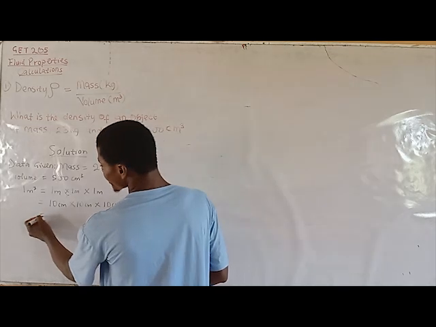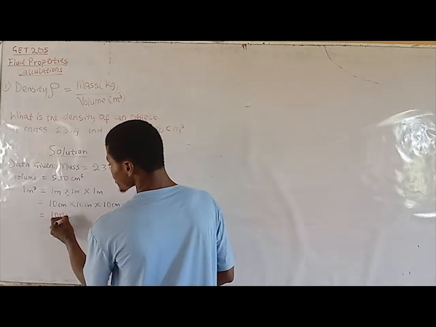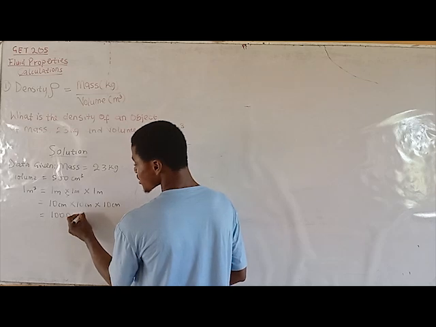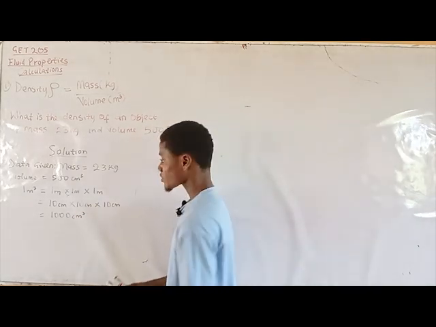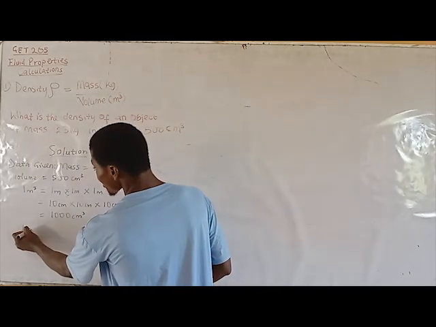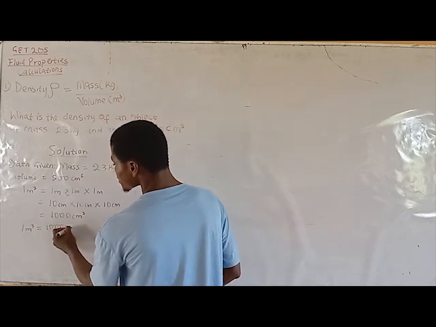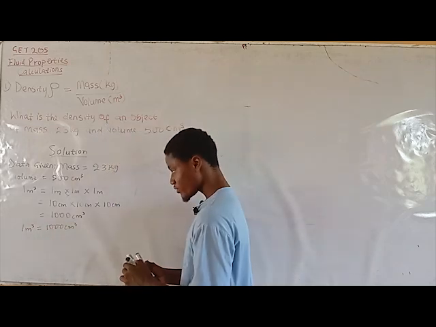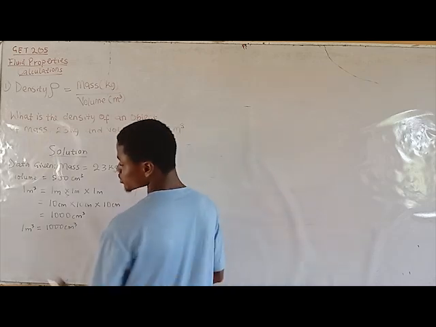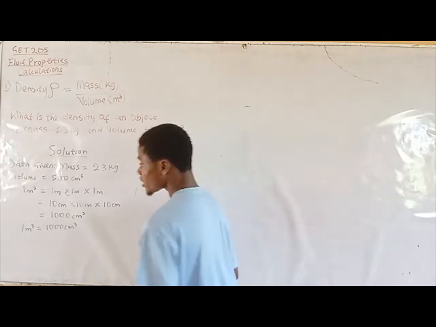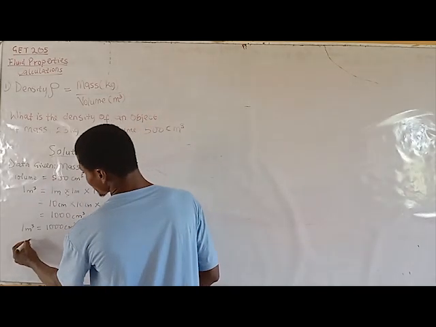So we now know that 1 meter cube equals to what? 1,000,000 centimeter cube.